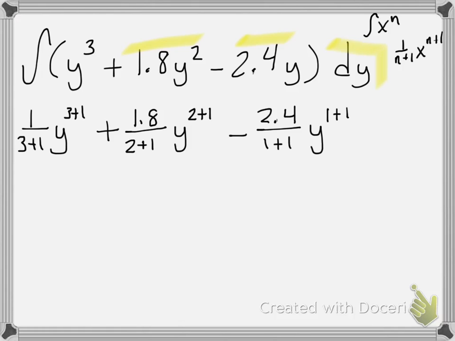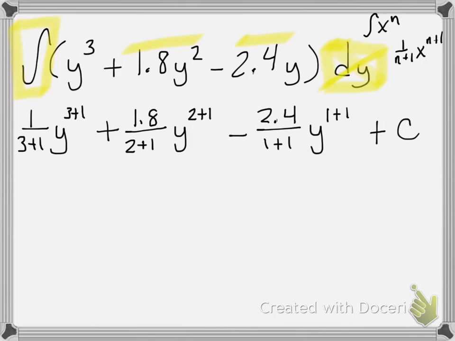And just like before, since we've just taken the antiderivative, our dy goes away, and because it is an indefinite integral, we're going to have our plus constant right out here.